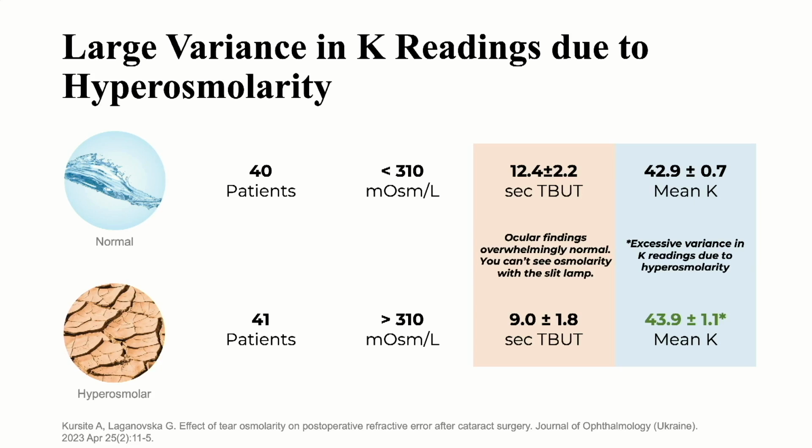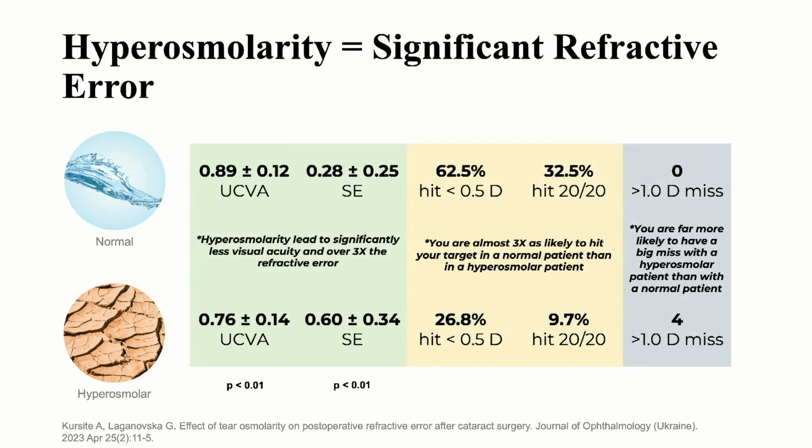So with that, you can see this tremendous difference when we look at uncorrected vision, the spherical equivalent changes. 62% of the time you can hit the mark that you're looking for, versus 26.8% if you have hyperosmolarity.